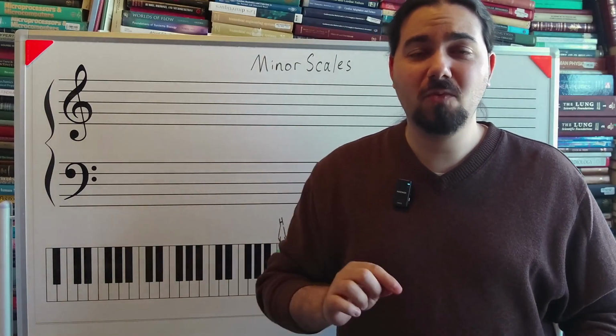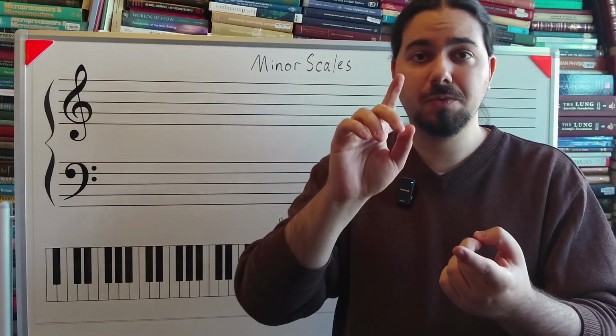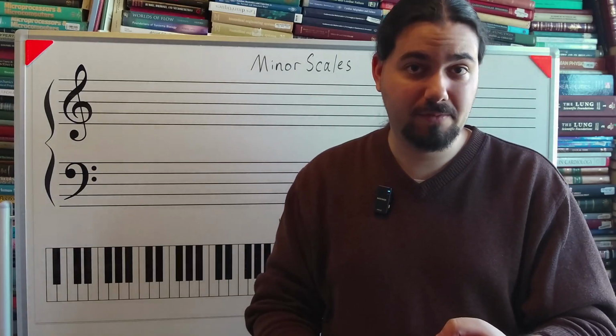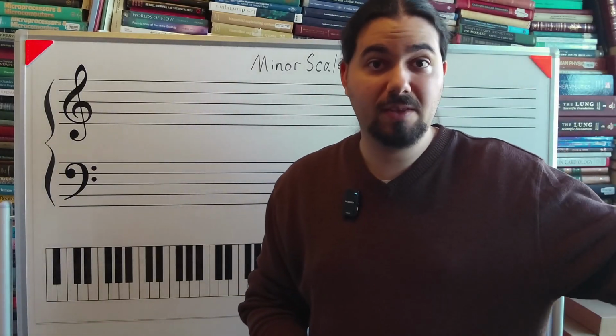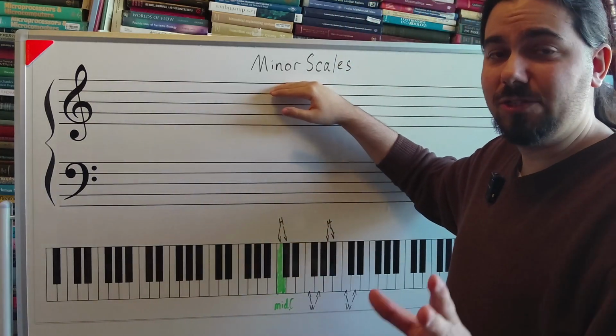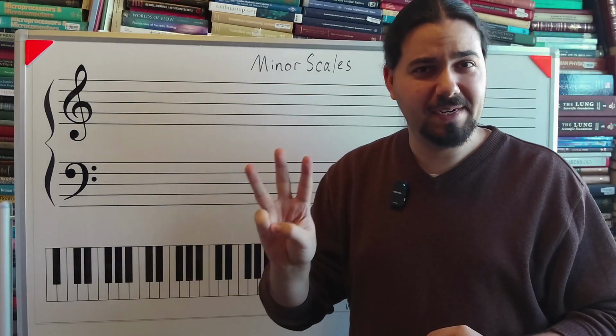This is going to be part one of a three-part series for week four's material pertaining to minor scales, minor key signatures, and the circle of fifths. For part one, similar to part one of week three's material, I'm going to show you how to spell and construct minor scales. Now, we're only going to deal with one of the three types.